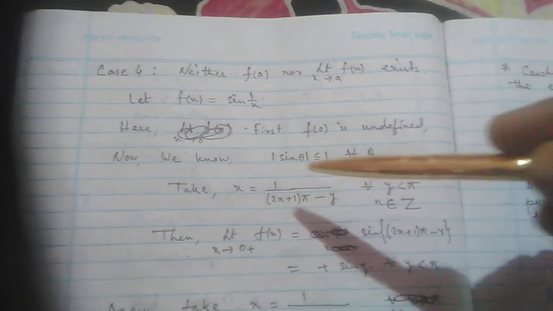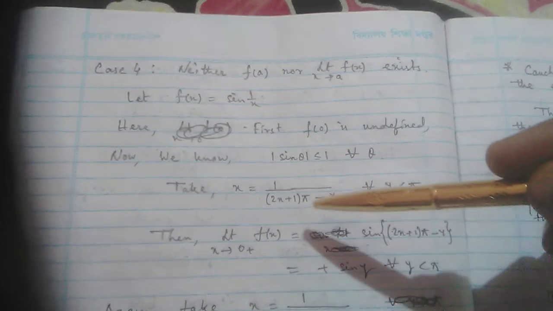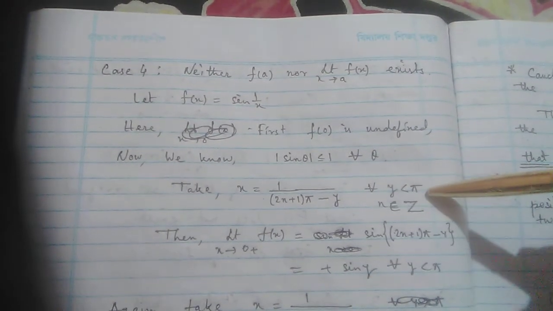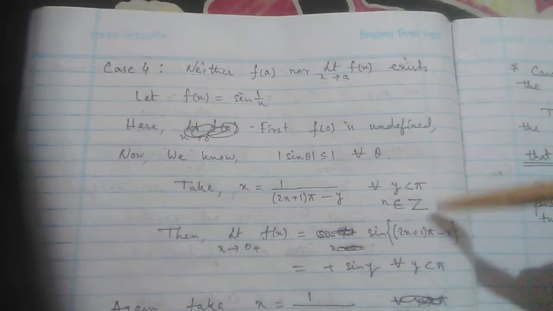Now take x equal to 1/((2n+1)pi - y), where y is less than pi and n belongs to Z. Take a snapshot, it's a very difficult case.